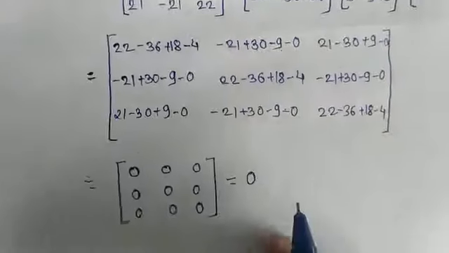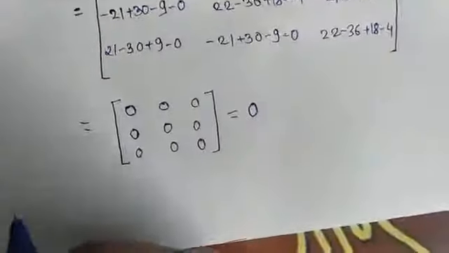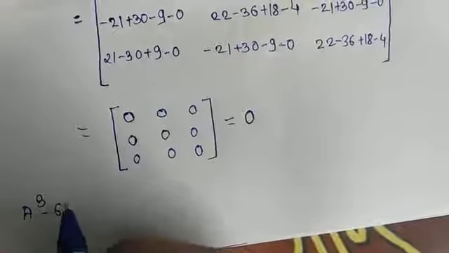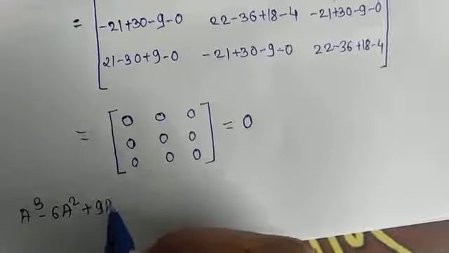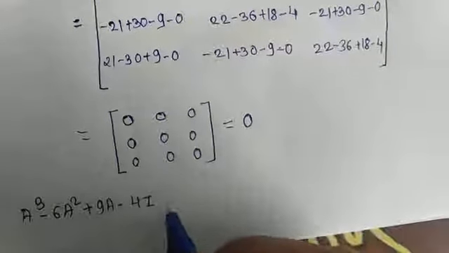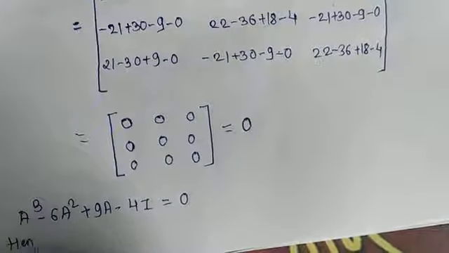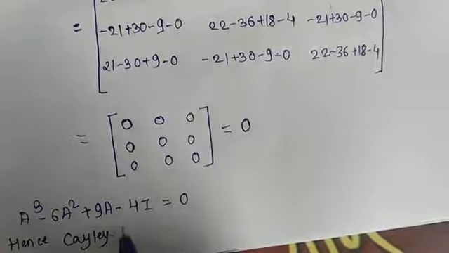This is our zero matrix. So here we get A cube minus 6A square plus 9A minus 4I is equal to 0. Hence, the Cayley Hamilton theorem is verified.